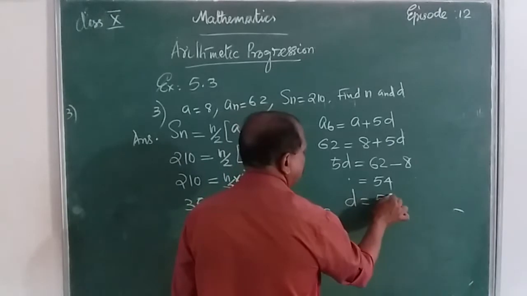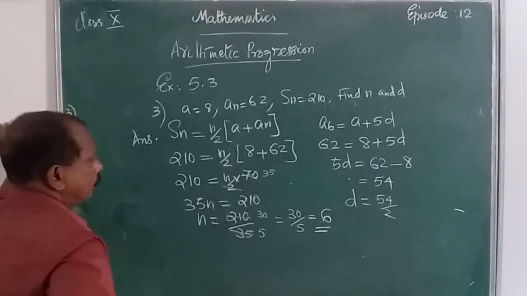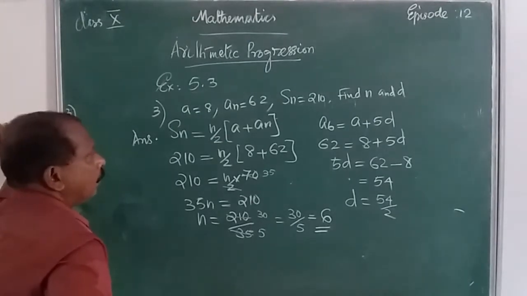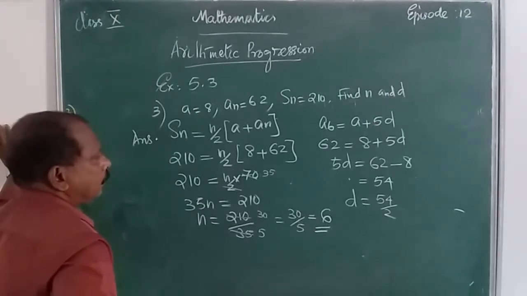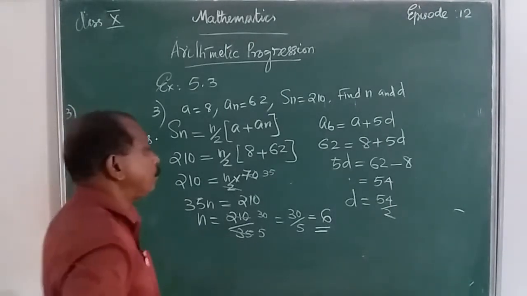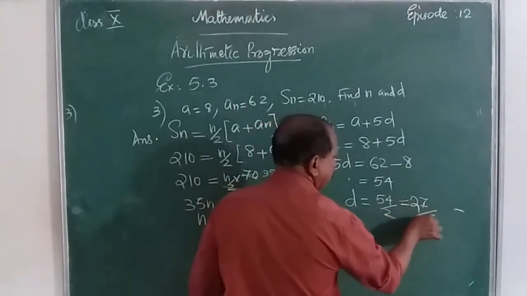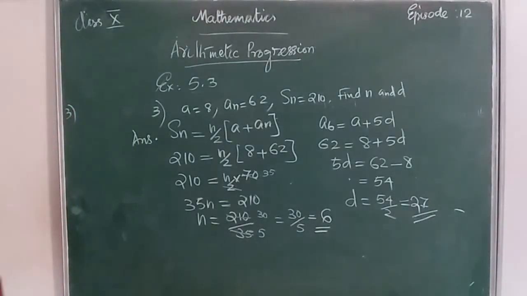Therefore, d is equal to, a6 is equal to a plus 5d, is equal to 2 2s are 4, 14, 20. Therefore, we get n is equal to 6 and d is equal to 20.